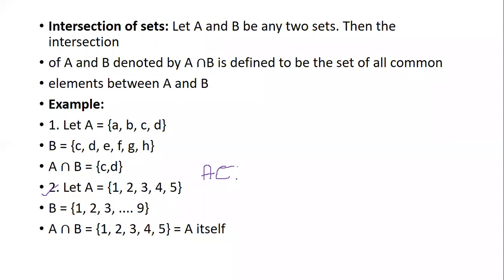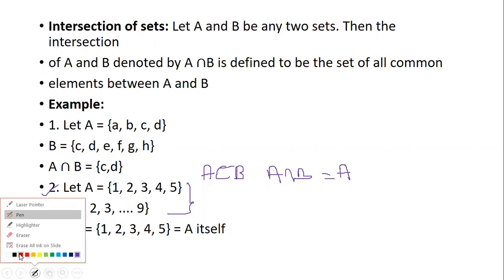If A is a subset of B, then A intersection B is nothing but set A itself. Okay, let's see if this will apply here. Now, this set A is 1, 2, 3, 4, 5 and set B is 1, 2, 3, 4, 5, 6, 7, 8, 9. Okay, now let us find out A intersection B for these both sets.